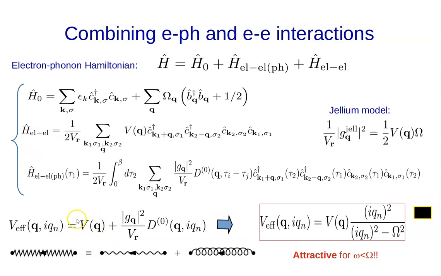So the electron-electron bare Coulomb interaction is always repulsive, but the effective electron-electron interaction can be attractive, especially when you have frequencies less than the plasma frequency, okay? And we're going to see this derivation and how all this works in the blackboard. So let's go right there.